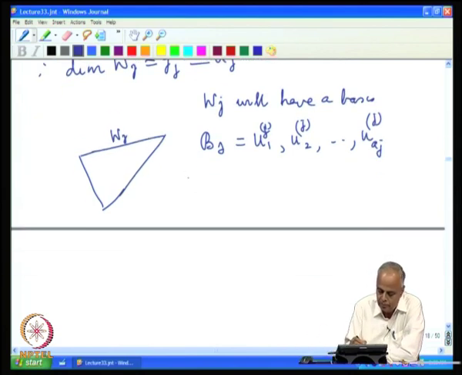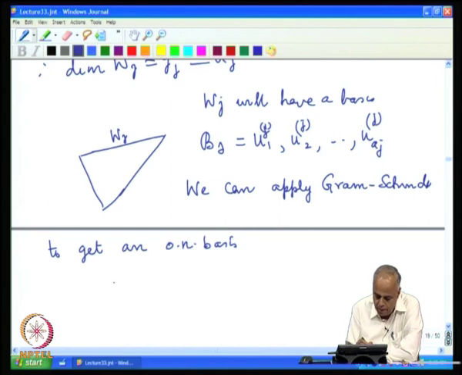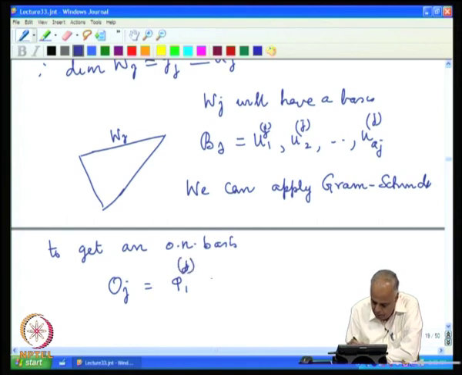So, we can apply Gram-Schmidt to get an orthonormal basis. Let us now call it Oj: phi j 1, phi j 2, up to phi j Aj, because now we are looking at the jth space.